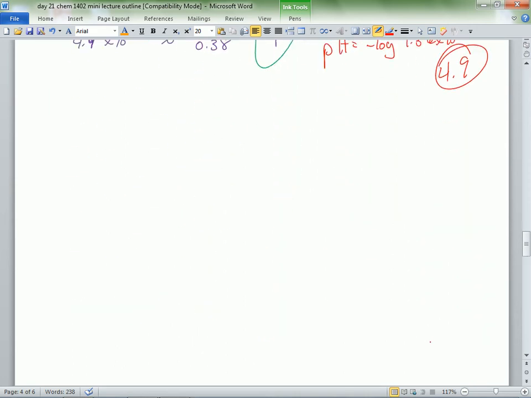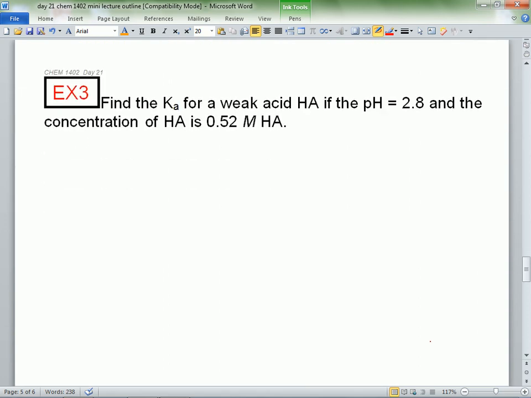Interesting. Well, it's a consequence. Okay. Find the Ka for a weak acid if the pH is 2.8 and the concentration of HA is 0.52.